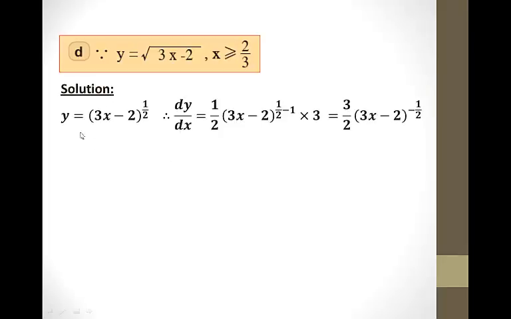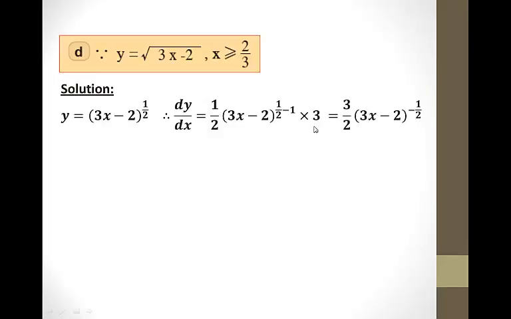Solution. We write y equals 3x minus 2 all power half, then dy by dx equals half, 3x minus 2 all power half minus 1. You have to remember the rule of differentiation.